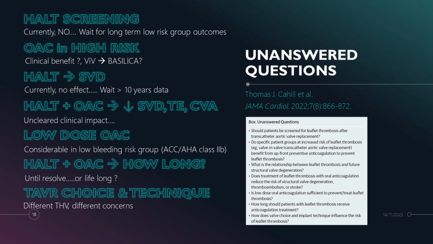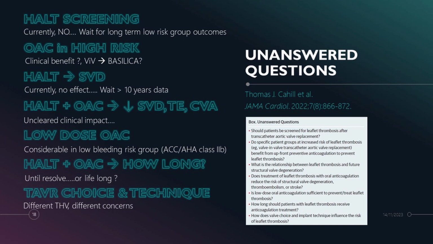The second question is about oral anticoagulation in the high-risk group. For example, in the valve-in-valve group, as everyone knows, after valve-in-valve the benefit of valve-in-valve was lost when compared with redo surgical AVR after 1 year. Right now, we still cannot completely explain it.